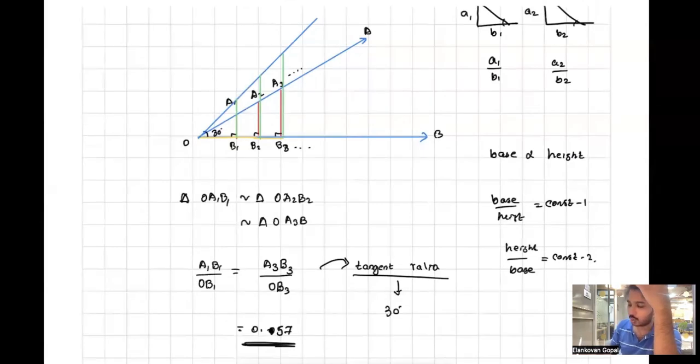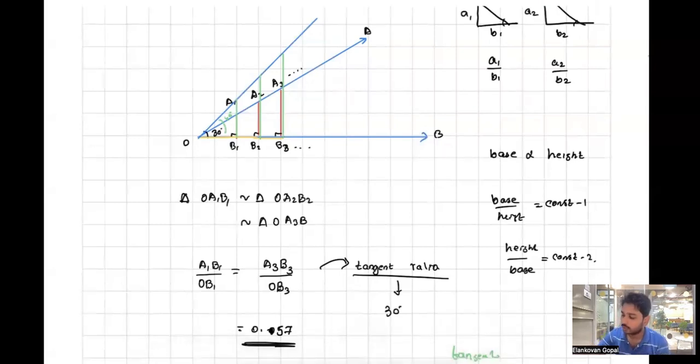But the ratio will differ. In this particular case, the ratio will be 1, if the angle is 45 degrees. Now the observation is that the tangent ratio for 45 degrees is constant even for a small triangle or for a large triangle.